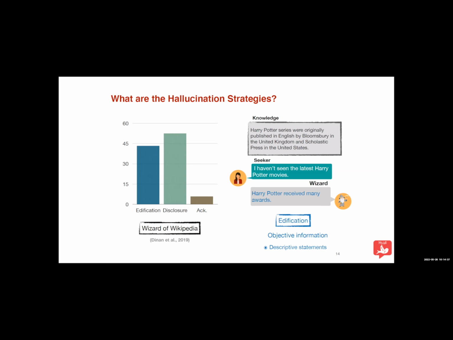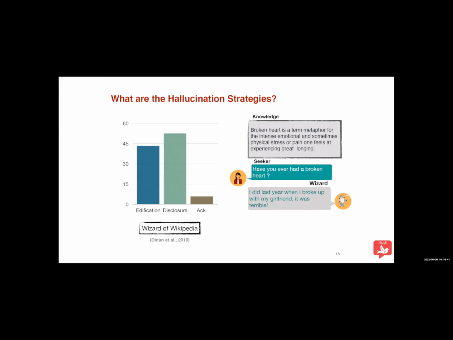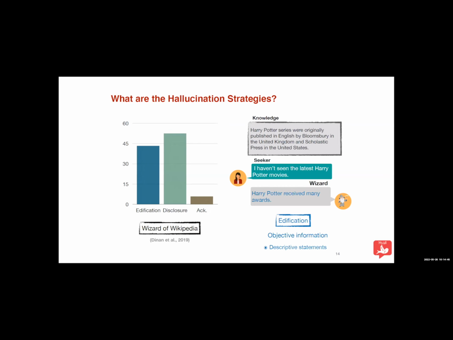And the knowledge the wizard is using here is that the Harry Potter series was originally published in Bloomsbury, and it has nothing to do with awards at all. So edification is where you provide some factual knowledge, but without any basis.